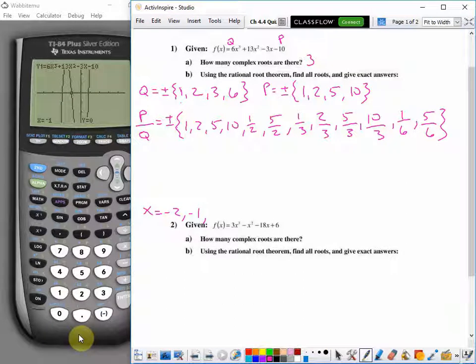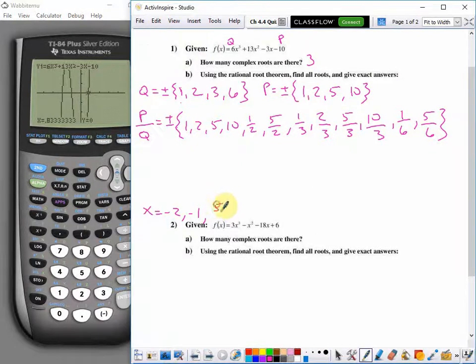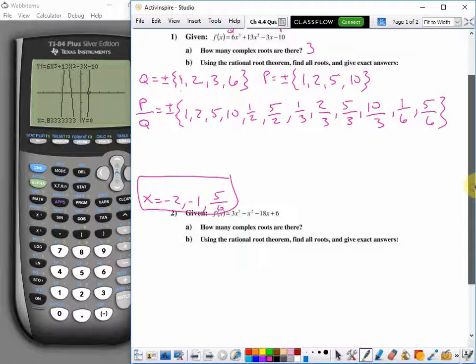The closest I have to 1, but less than 1, is 5/6, so I'll try that. 5 over 6 gives me an output of 0. And that's all the roots. There are 3 of them, and I found all 3 just from the graph.